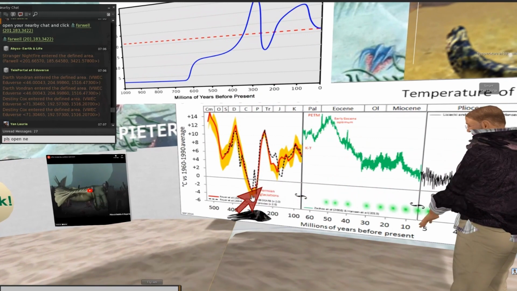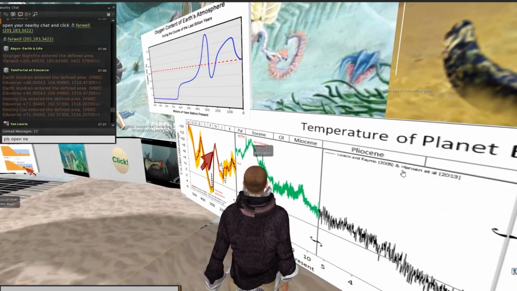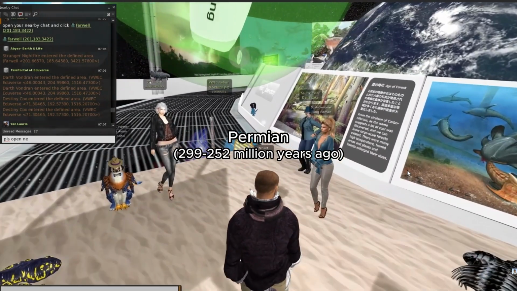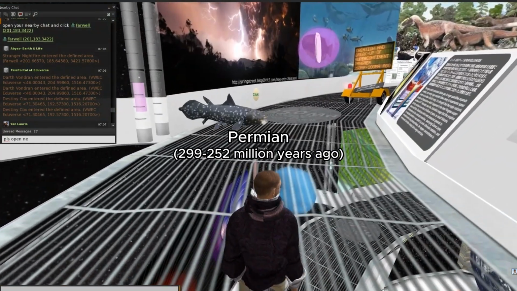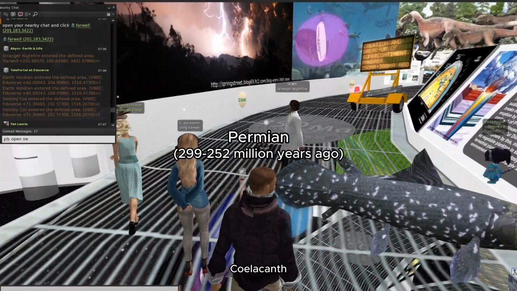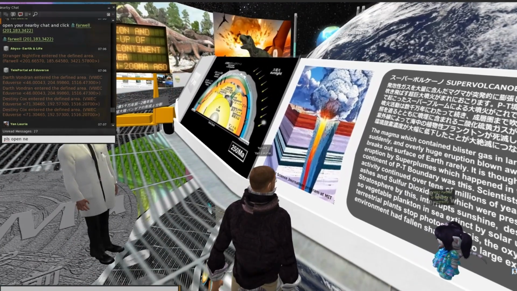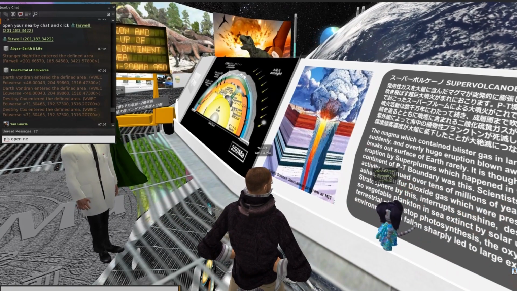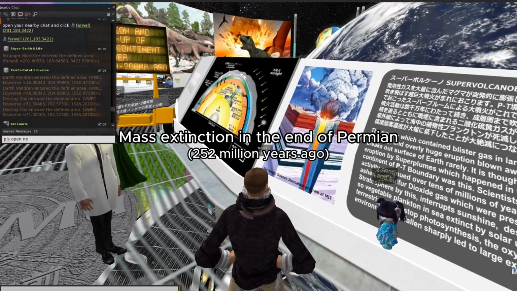And the next stage is where global warming started. And come on, please. Coelacanth. And warming occurred in the next period, the Permian, caused by the mass extinction by a large super plume.